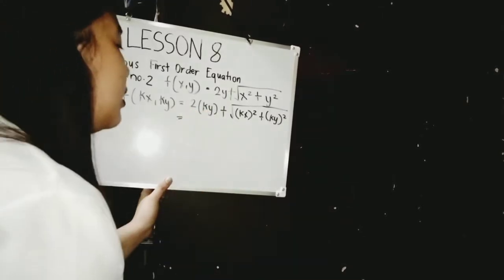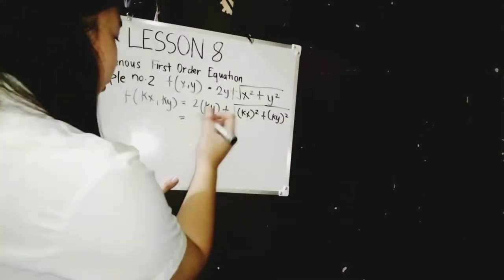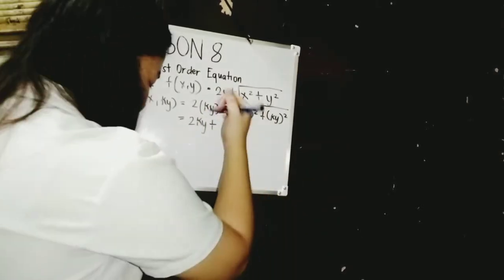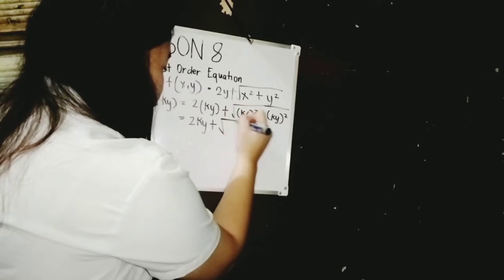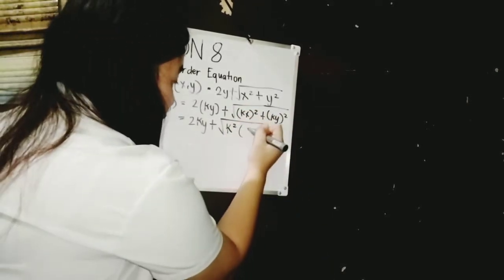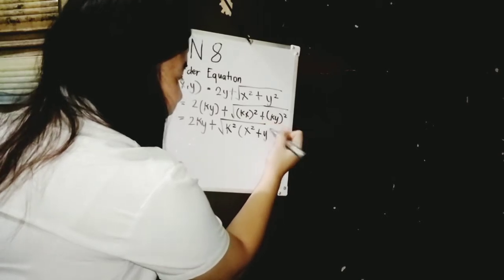The next step is i-distribute lang natin ulit sila. So, magiging 2ky plus square root of k squared x squared plus y squared.